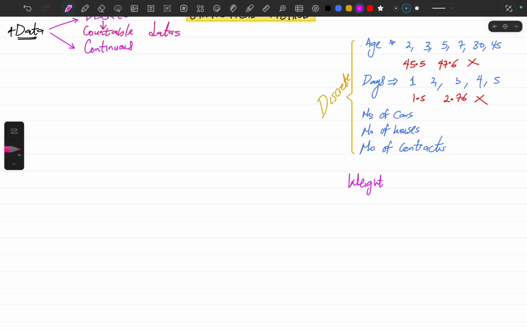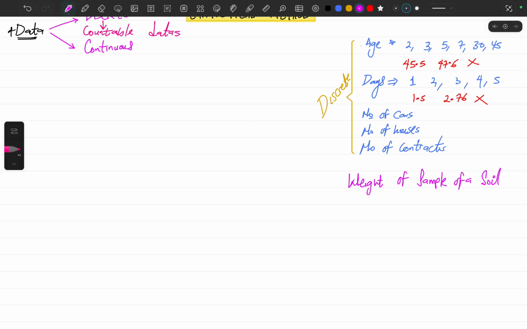The weight of a person is continuous data, right? I can talk about the weight of a sample of soil, which is also continuous data.